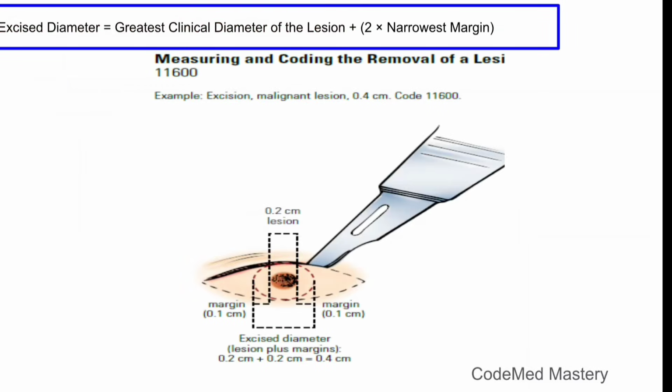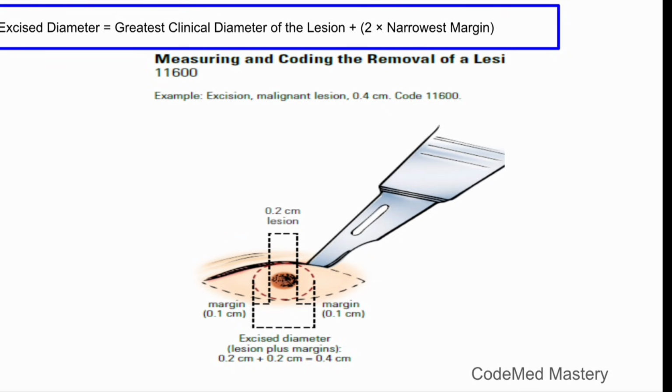Here there is another example, that is measuring and coding the removal of lesion. So here there is excision of malignant lesion. You can see the lesion diameter is 0.2 centimeter and the margin is 0.1 centimeter. According to the formula, excised diameter is equal to greatest clinical diameter of the lesion plus 2 into narrowest margin.